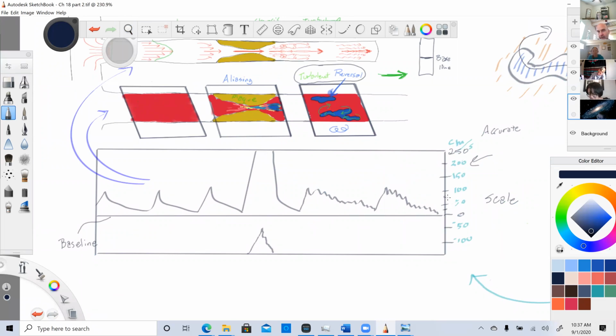Now we'll have even more hash marks there. And instead of going from 0 to 50 to 100 up to 250, it will go to 100, go to 400. So this whole scale will change when you change your PRF. I'll just say 0 to 400 with my PRF change.